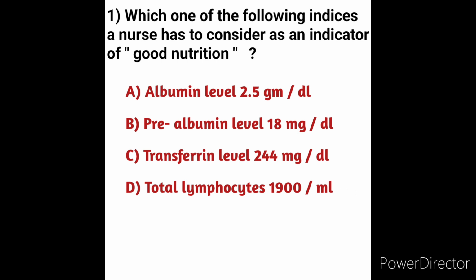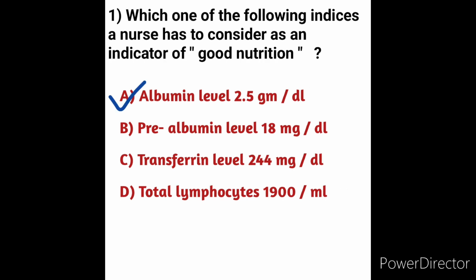So here the albumin level of 2.5 grams per dl is considered as the normal value, and above that is high albumin level in blood. So 2.5 gm per dl albumin level is the correct answer.